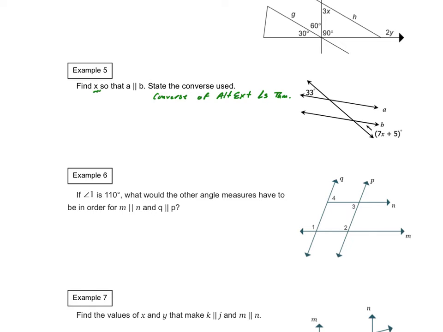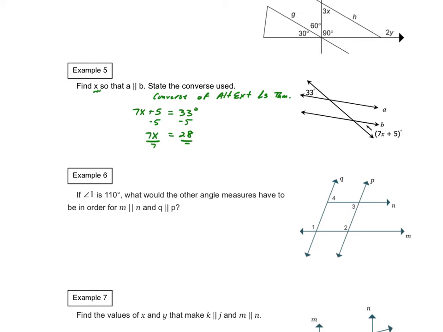So I would just say that 7x plus 5 is equal to 33 degrees. If I solve for x, that would tell me what would allow x to make that true. Subtract 5 from both sides. I have 7x is equal to 28.